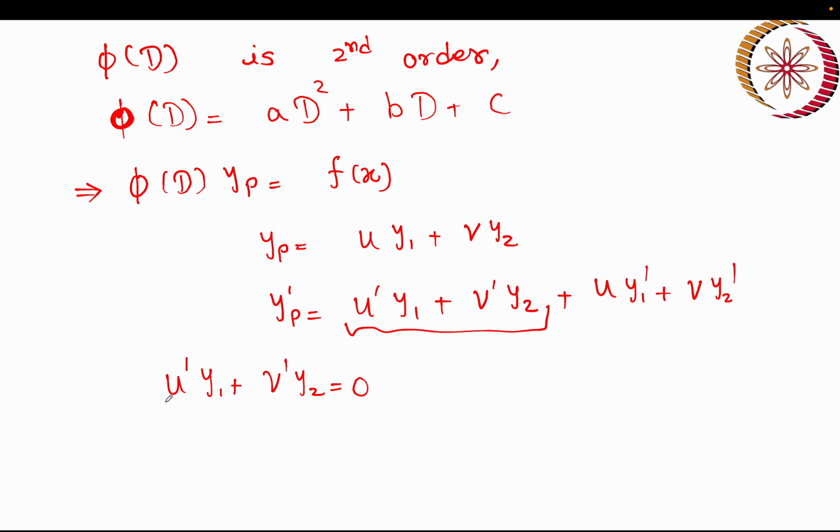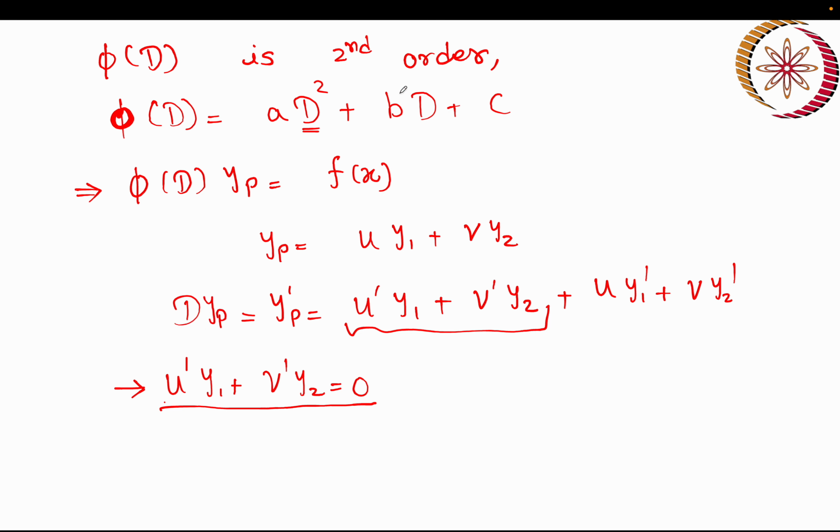This is just for simplification, or you can say it is some orthogonality property between the vectors. As of now you can just say that u and v are unknown, so to simplify this we are setting that equal to 0. This is the one equation that we have, and we will go to the second derivative now, because this is nothing but D into yp.